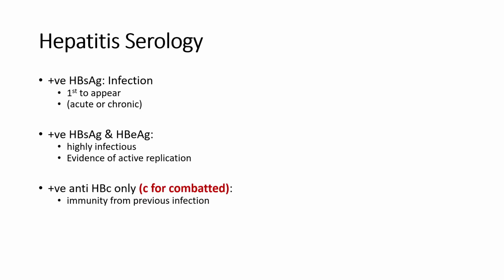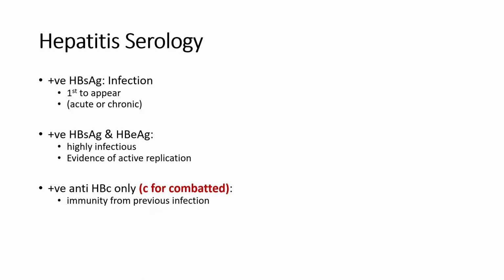Now, when the anti-HBC alone is positive, hepatitis B surface antigen is negative, hepatitis B e antigen is negative, you only have hepatitis B core antibodies. This person has combated.